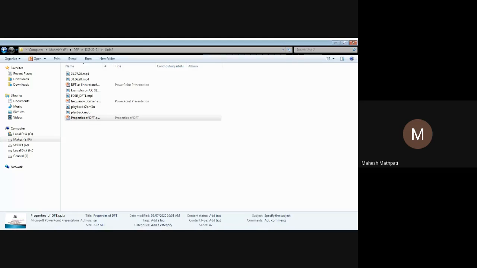That is 5-point circular convolution with itself.